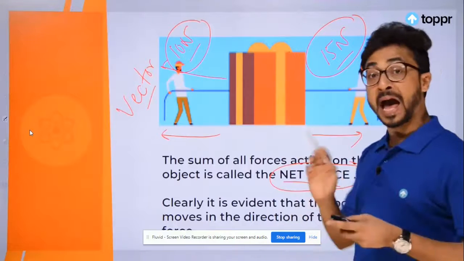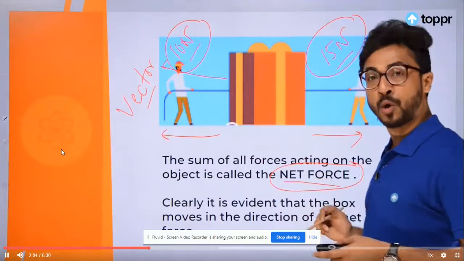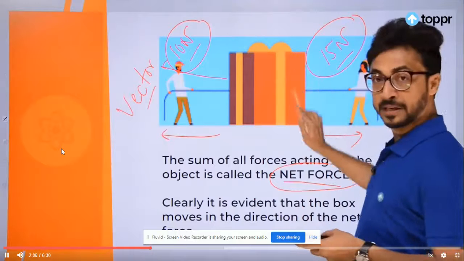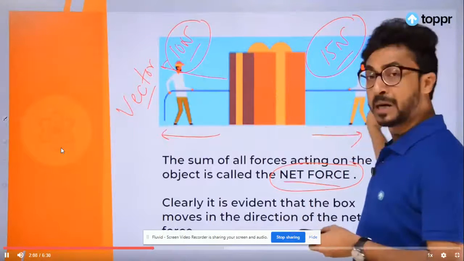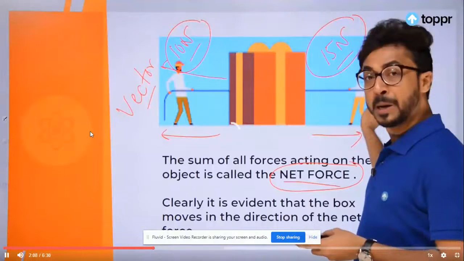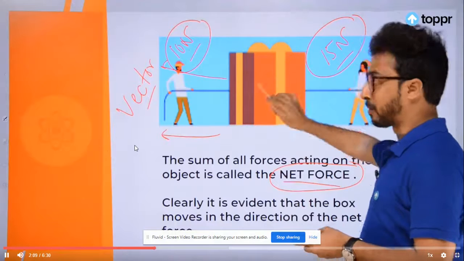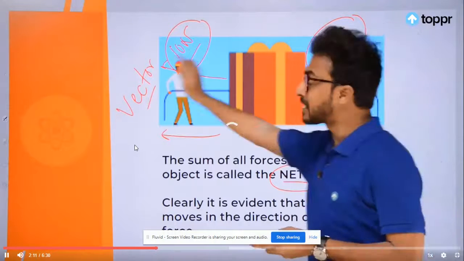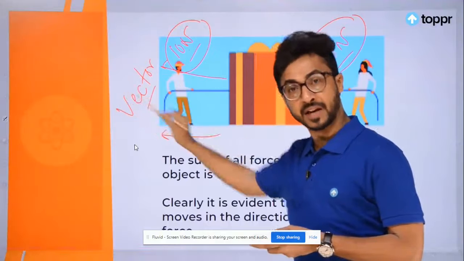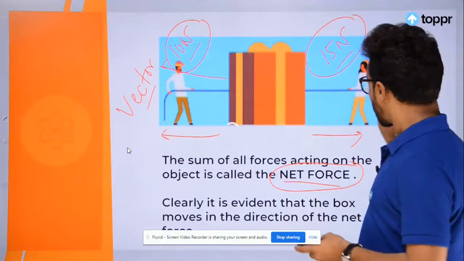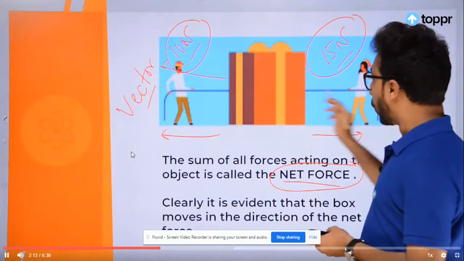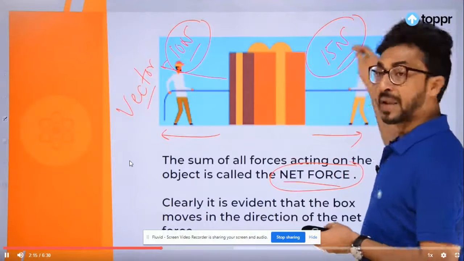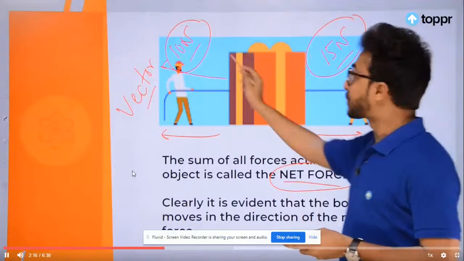The algebraical sum means what? That is, if we consider this to be the plus sign or plus direction, this is the negative sign, minus direction. So this will be plus 15 Newton, this will be minus 10 Newton.